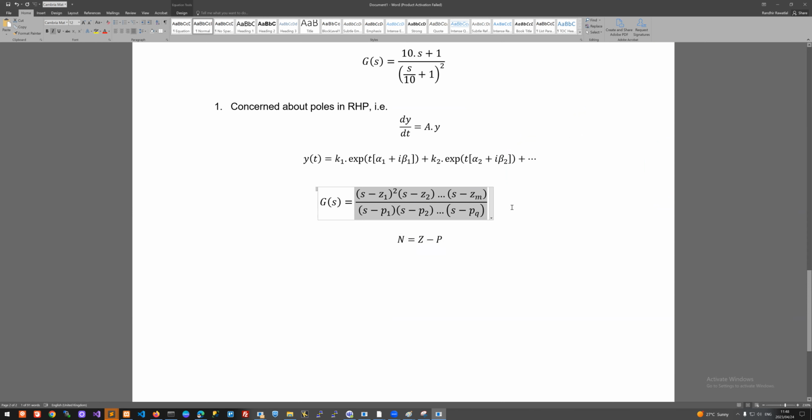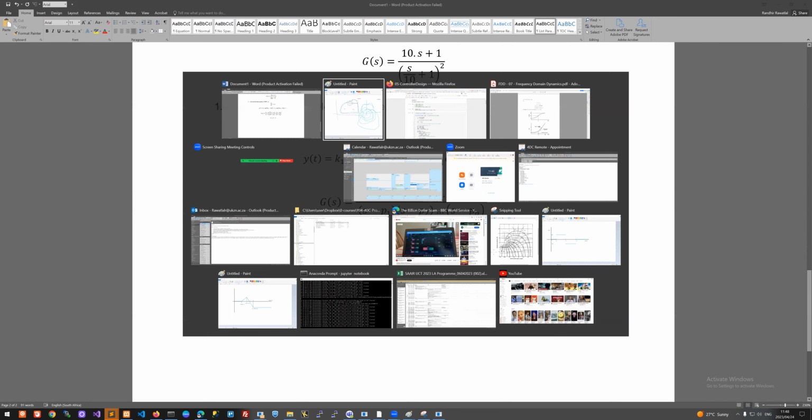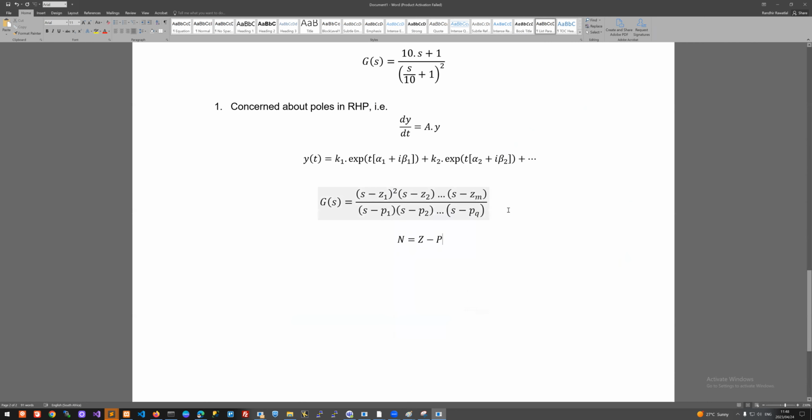Now, if the process is inherently stable, then your number of poles is greater than your number of zeros, or rather, Q is more than M, right?